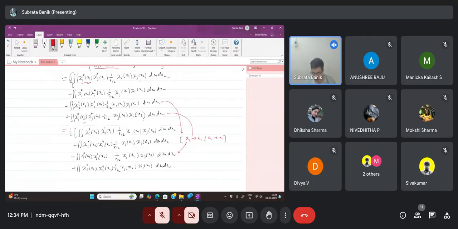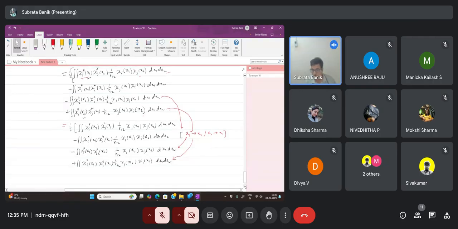Similarly, here we use this and got this. This is possible because we are integrating over x1 and x2. Since we are integrating, we are actually doing a continuous summation. x1 and x2 become dummy variables. It does not matter whether it's x1 or x2 once we integrate. Right? Last day we have discussed this.